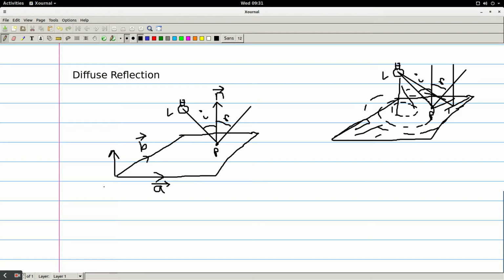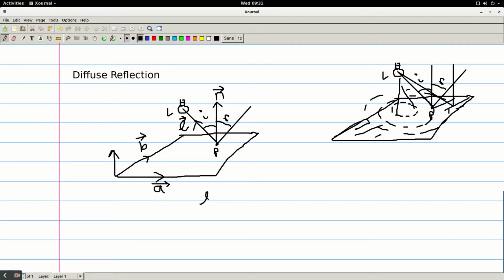So the question now is, since we know P and since we know L, do we also know this PL vector? Or let us just call this the L vector that goes from point P to the light source. Do we know this?